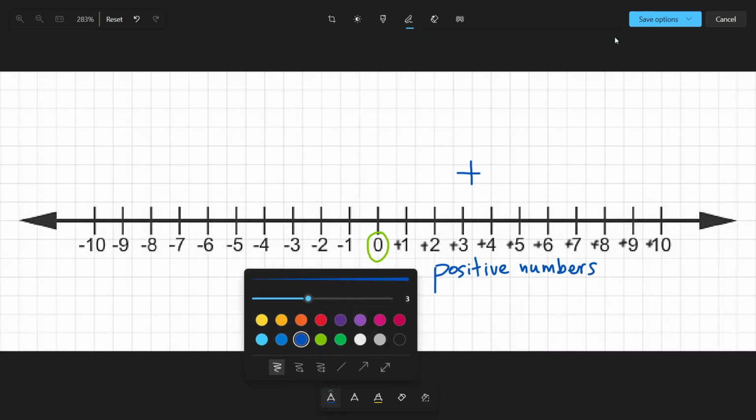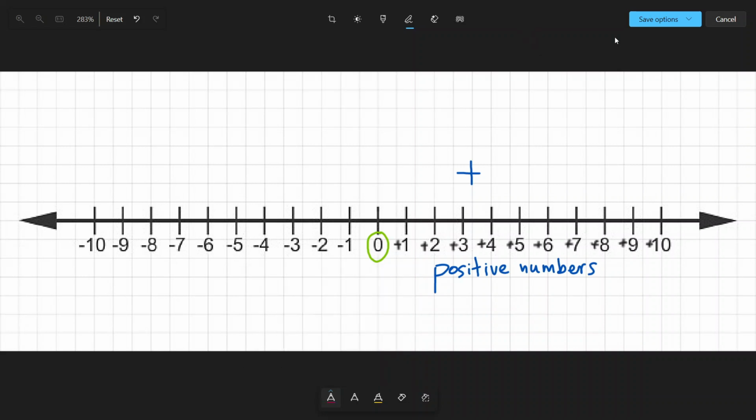And then again, to the left of the 0, there are some numbers with another sign. What is this sign? We call this the negative sign. So all of these numbers to the left of the 0 have this sign with them, and we call these numbers negative numbers.